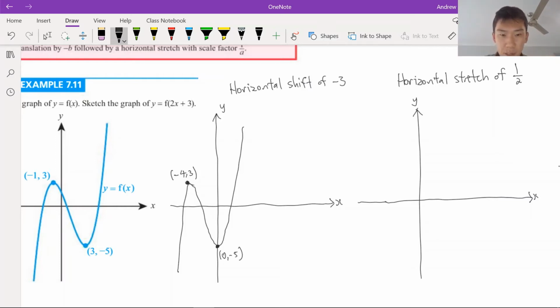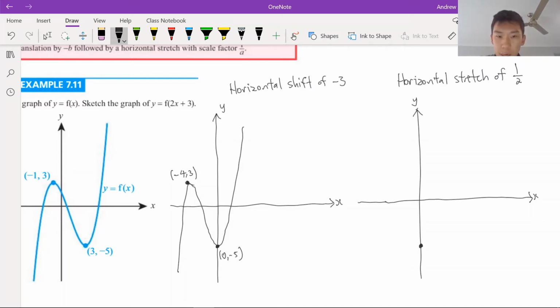So how we do that is, since this is a horizontal stretch, let's look at the x-coordinates of the points we have. We have -4 and 0. So basically we halve them. Half of 0 is 0, so we're still going to have a y-intercept here.